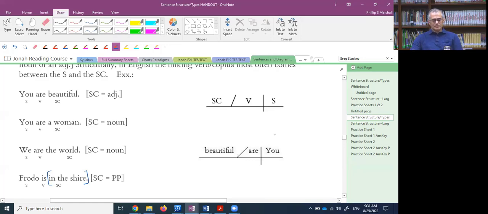Since it's slanting towards the subject, it's telling you something about the subject. You are beautiful: beautiful is pointing back to what quality you have. That's the subject.